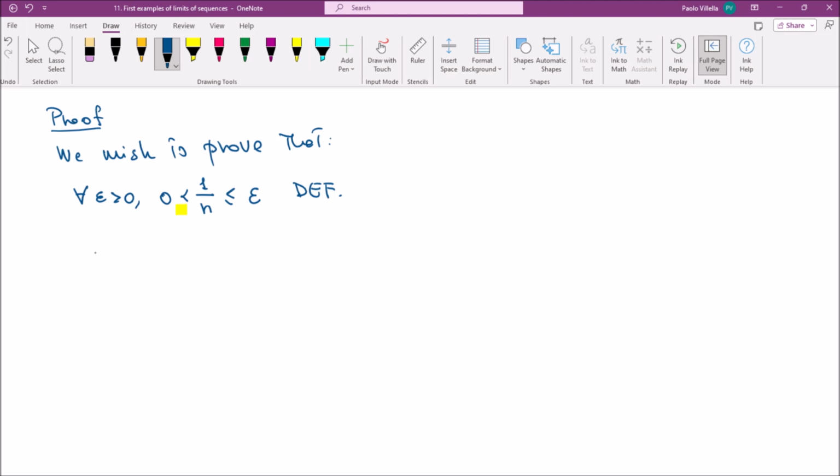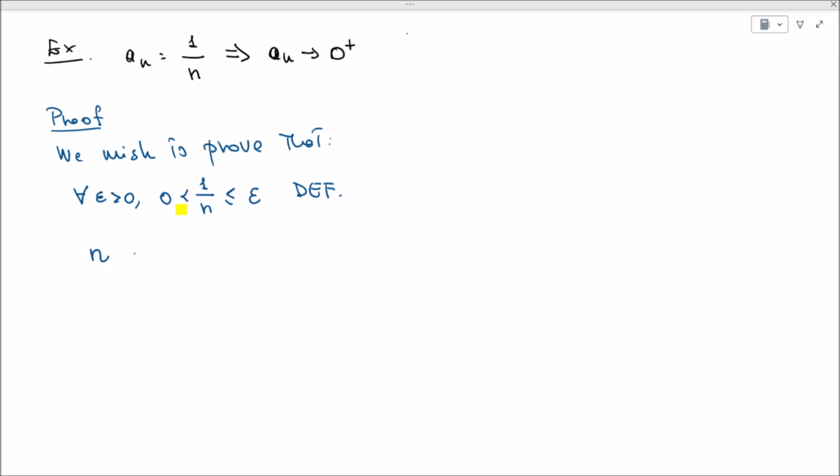But clearly, if we pick n larger than or equal to 1 over epsilon, and remember that because epsilon is very small, 1 over epsilon can be very large, but anyway, we can always move to the next integer. Well, that implies, by just reverting this inequality, that 1 over n will be less than or equal to epsilon. So we have proved just this by just using the definition.